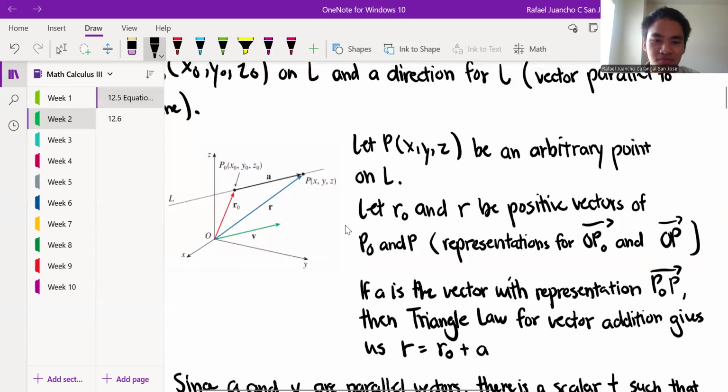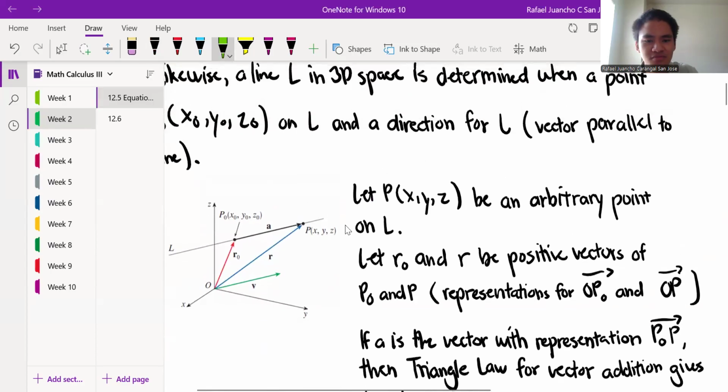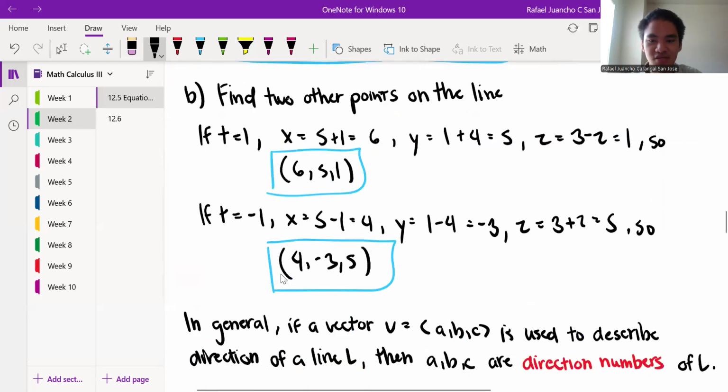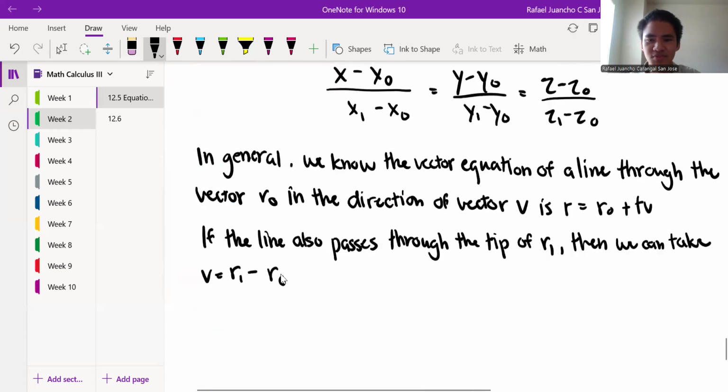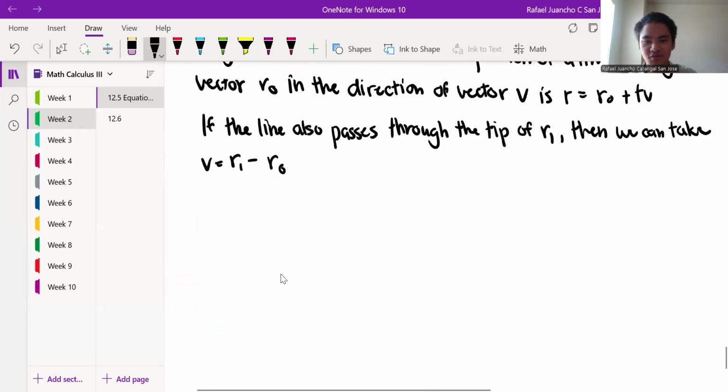I might be wrong, but let's say this was R1, so this is X1, Y1, Z1, that's P1. If we subtract these two vectors here, what will it give us? The V, right? So it doesn't feel all that wrong to do that. We're just making it as general as we can. We can just subtract those two vectors, and that's equal to V.